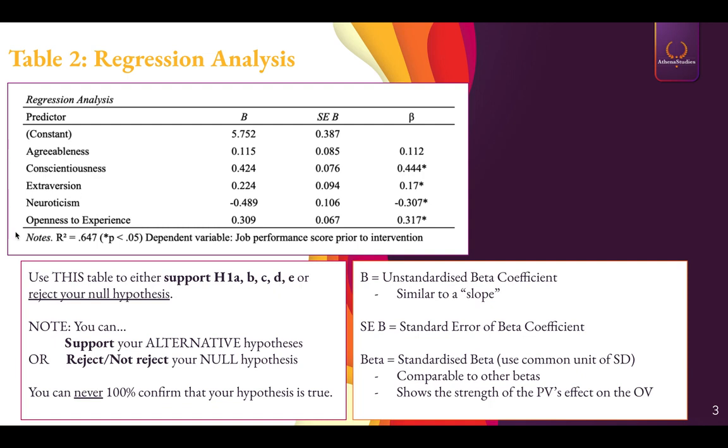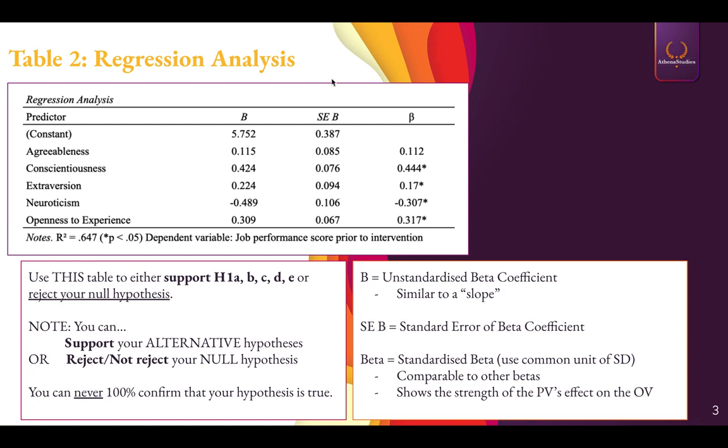So we can say that given this model and these 5 predictor variables, we can account for almost 65% of the variability in the results of job performance. So that's another thing to note for what the R squared is actually showing you.